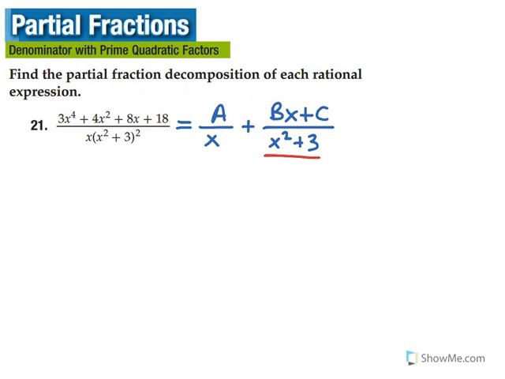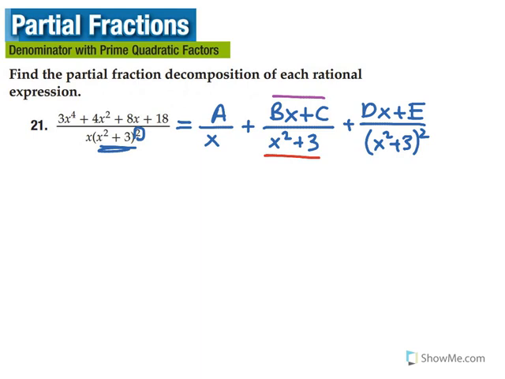My prime factor is a second degree expression, so at the top I should have at least a first degree expression. Plus, since this is also a repeating factor, you see there's 2 as exponent here, I have to go like dx plus e over, remember I have to write this squared expression as well.